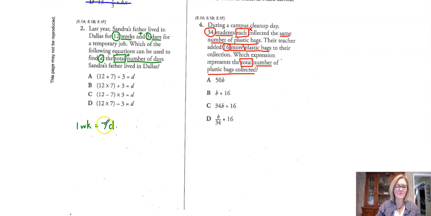All right? So let's look. He spent 12 weeks. Well, 1 week equals 7 days. How could we find the days for 12 weeks? Because we need the total number of days, not the total number of weeks. How can we find the days for 12 weeks?